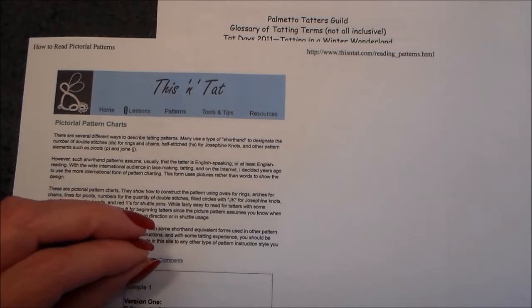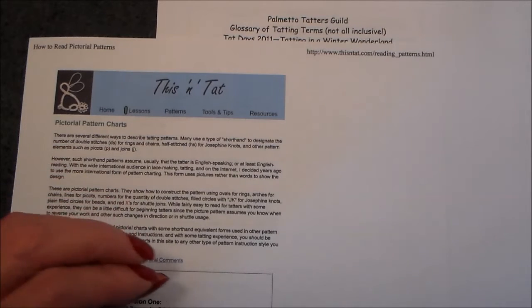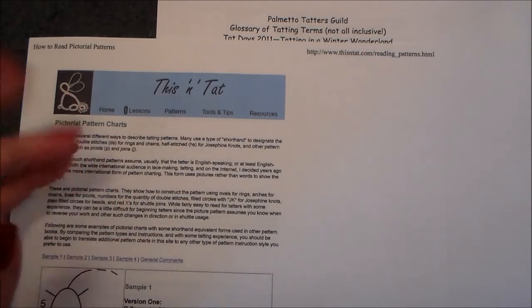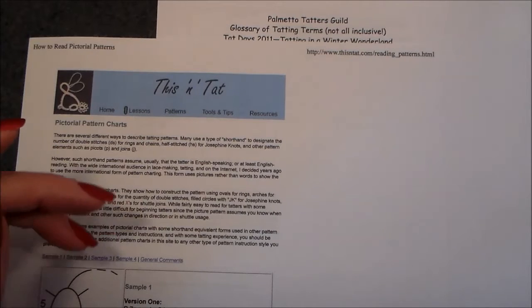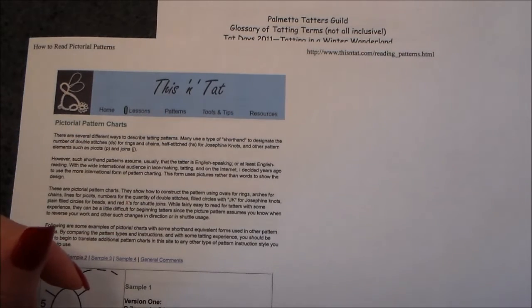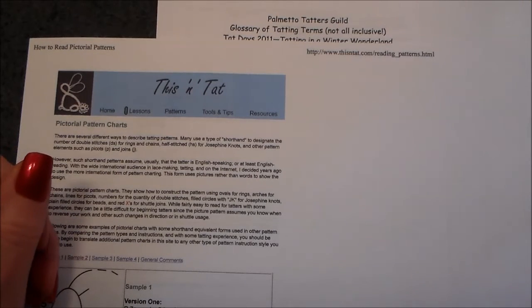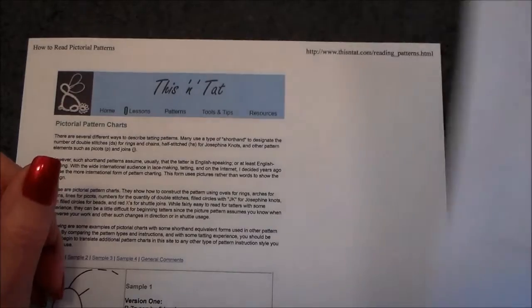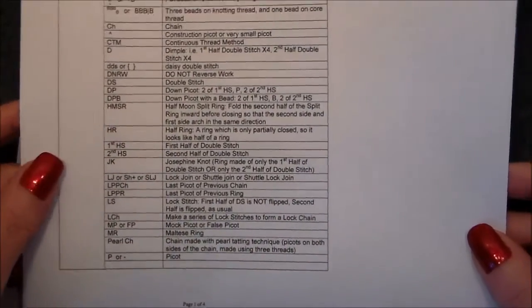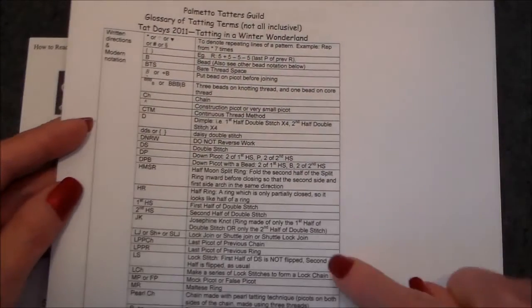Or another pattern will say 3 picot, 3 picot, 3 picot, whatever. But there's no set terminology for tatting, okay? There's no universal language. So what Palmetto Tatters Guild has done is come up with a terminology sheet.